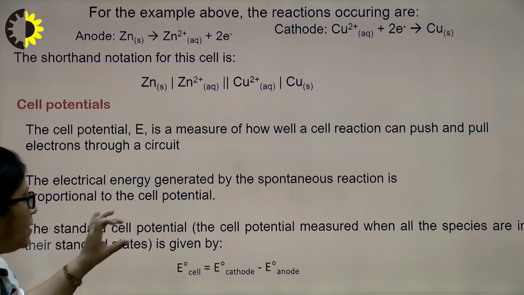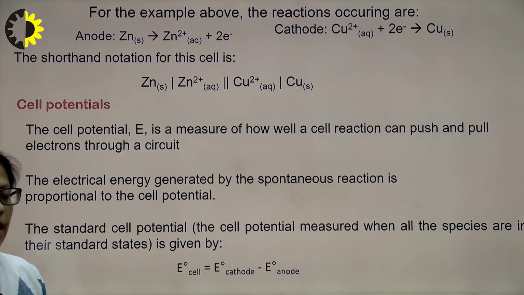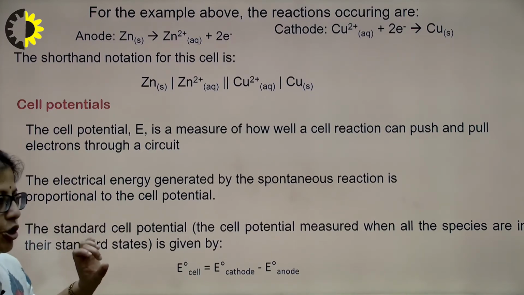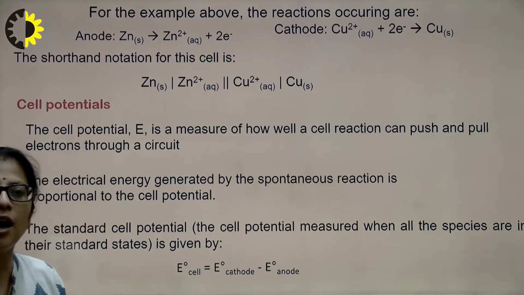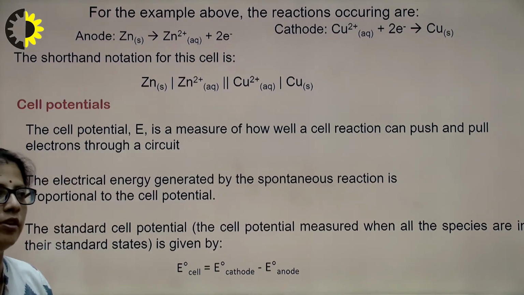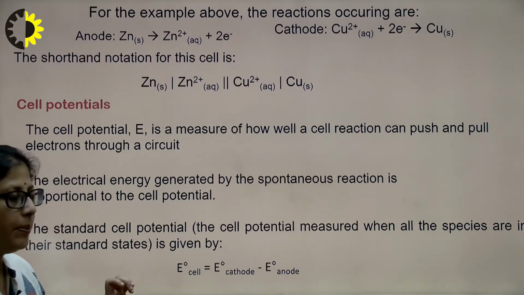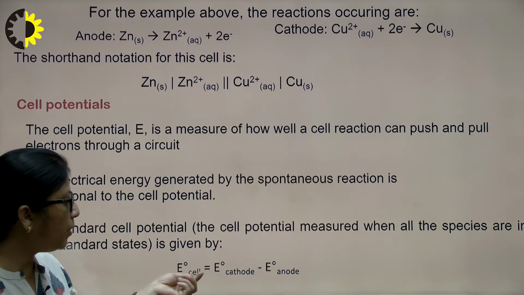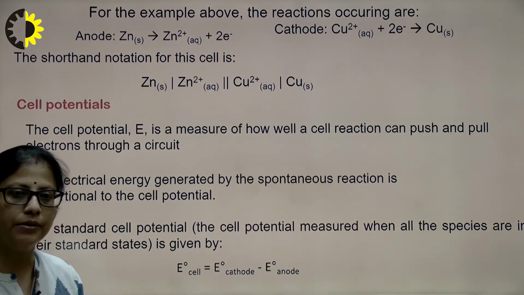The standard cell potential, which is represented as E naught cell, is the cell potential measured when all the species are in their standard states, that is at 1 atmospheric pressure and 25 degrees centigrade, and it is given by E naught cell is equal to E naught cathode minus E naught anode.